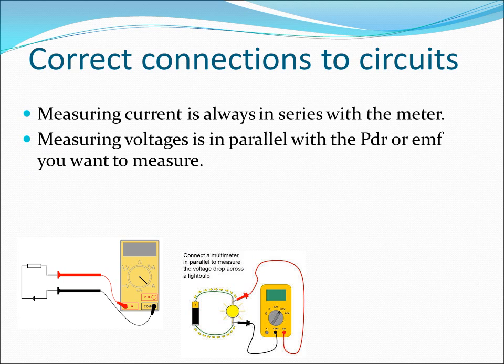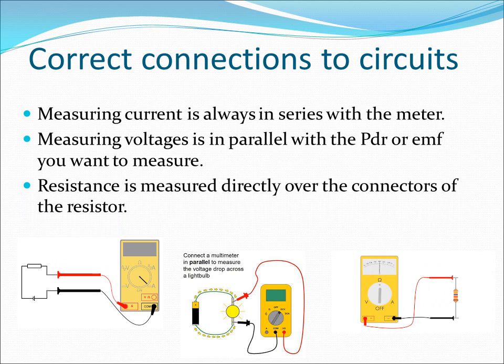As you can see, the probes are in parallel with the load under test. Resistance is measured directly over the connections of the resistor, normally outside of any circuit, because other parts of the circuit can influence the resistance measurement.